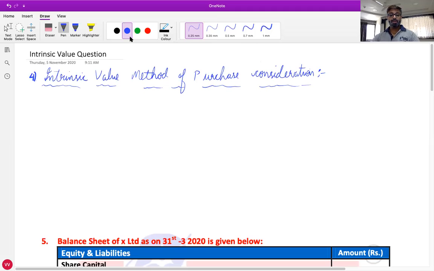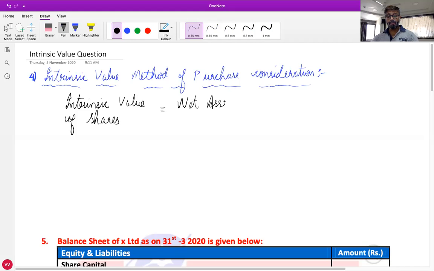Okay. Now first understand what is intrinsic value of shares. So write down: intrinsic value of shares is equal to net assets available for equity shareholders.